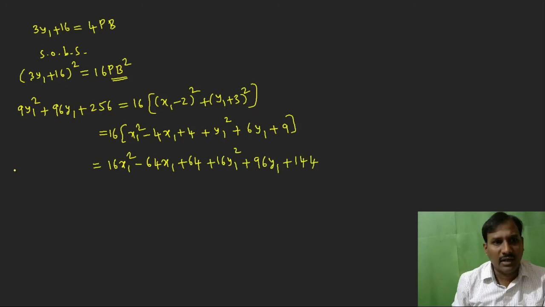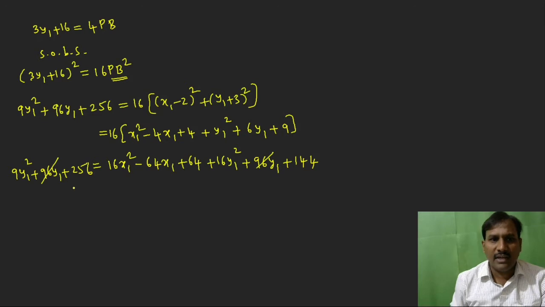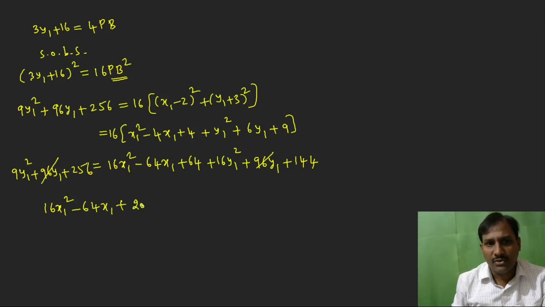And what we have here? 9y1 square plus 96y1 plus 256. Both sides 96y1 gets cancelled. Now let us bring all the terms to one side. So 16x1 square minus 64x1 plus 64 plus 144 is 208.